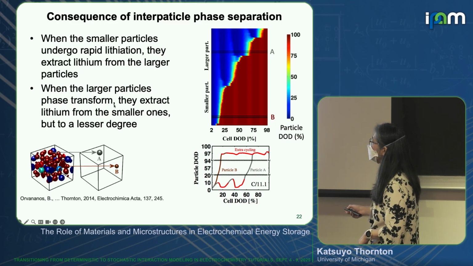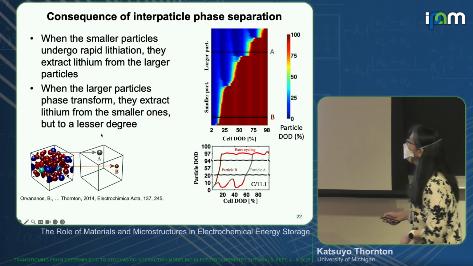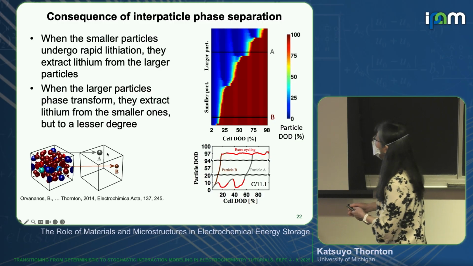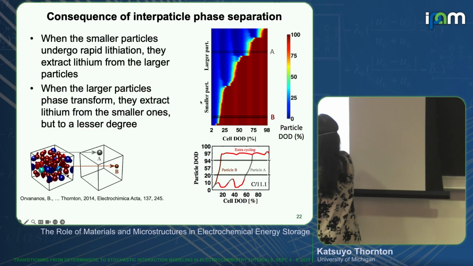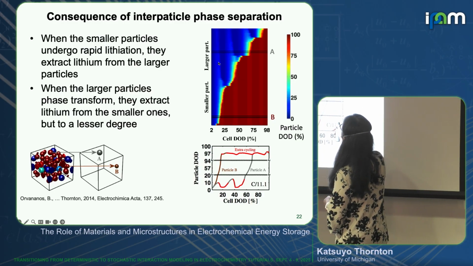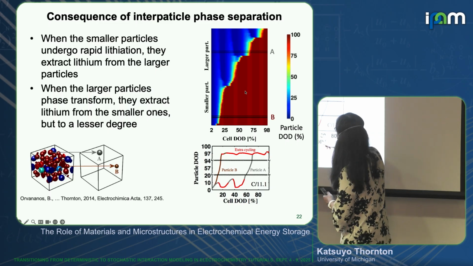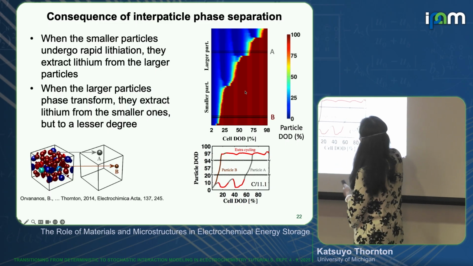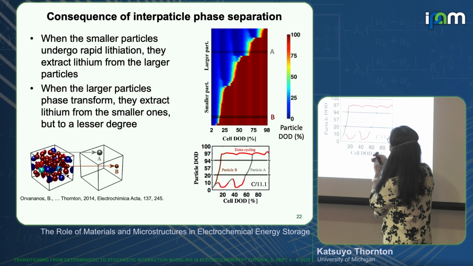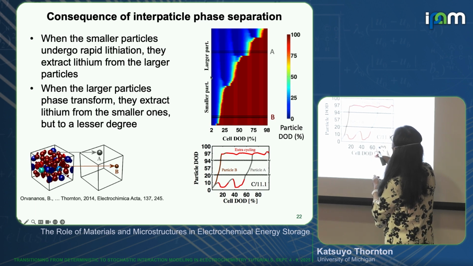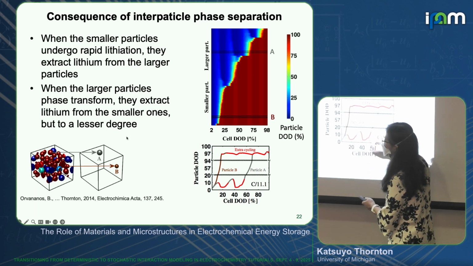Then when the larger particles on the other side phase transform, they extract lithium from the smaller ones, and then you can see these faint bands in blue and faint bands in red, as you see over here. The faint bands in the blue region are these dips.